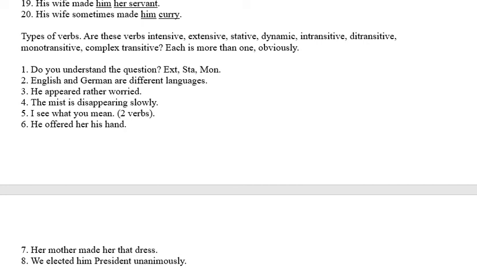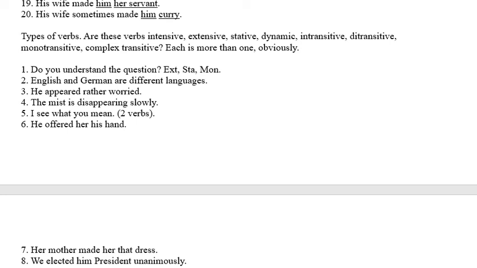And again, this is the nature of this particular lecture, that there was a lot of stuff in it. There's a lot of stuff also in this exercise. So here we're looking at the classification of verbs: intensive, extensive, stative, dynamic, intransitive, ditransitive, monotransitive, or complex transitive. Okay. So if we look at the example, do you understand the question?